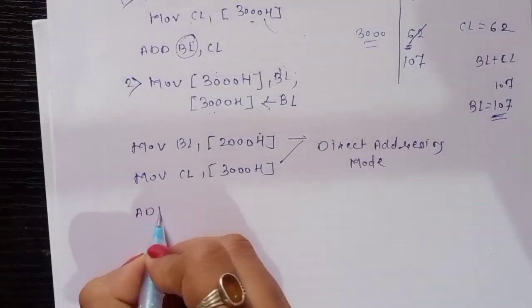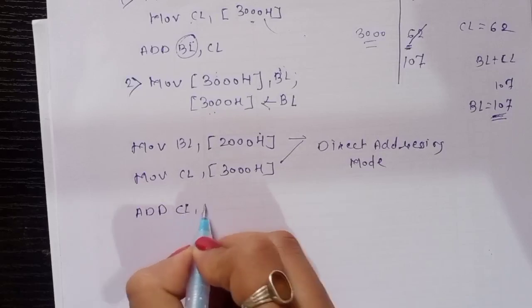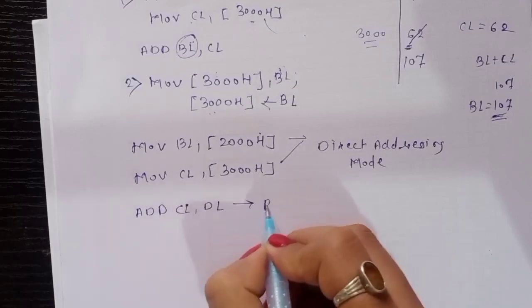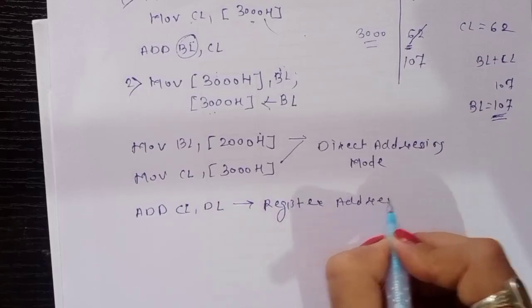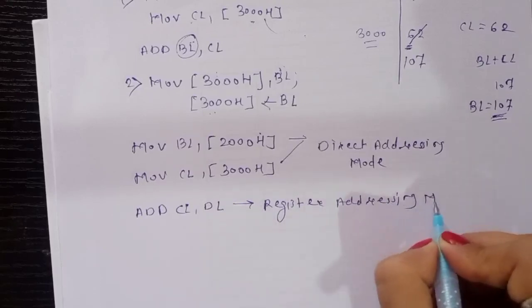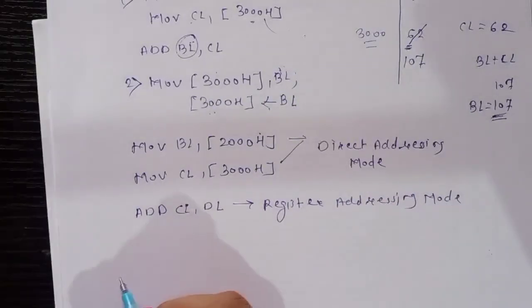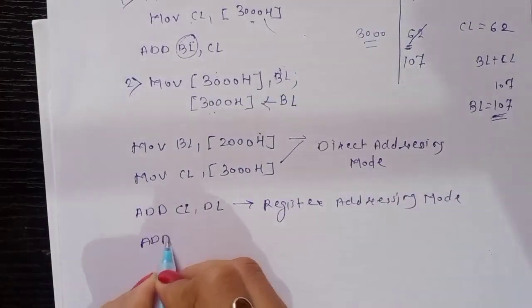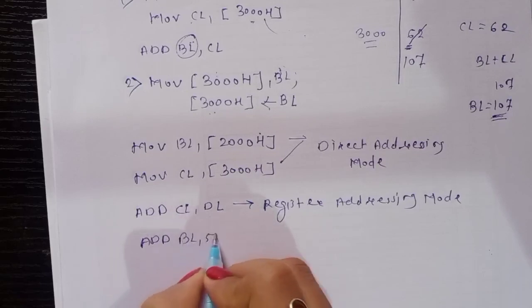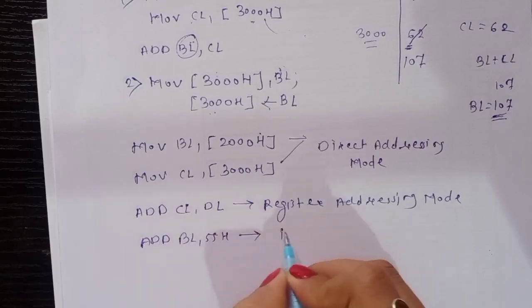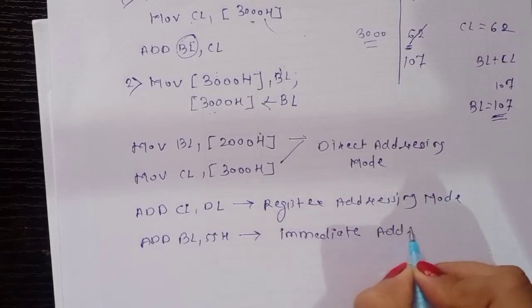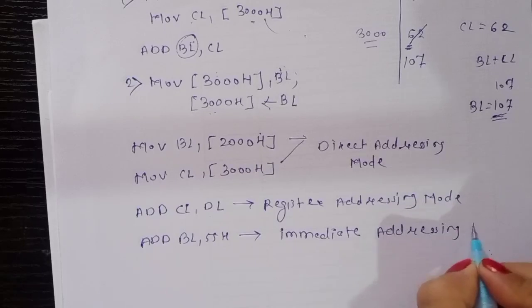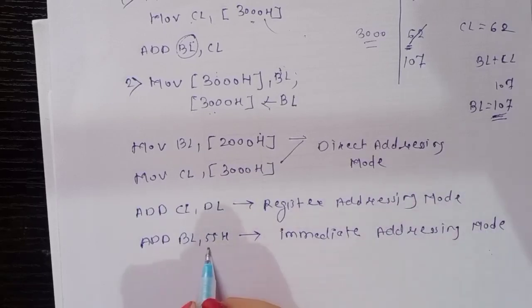Then ADD CL, DL is register addressing mode, which means your data is present inside the register. Then ADD BL, 55H is immediate addressing mode. Your data is already given in the instruction.